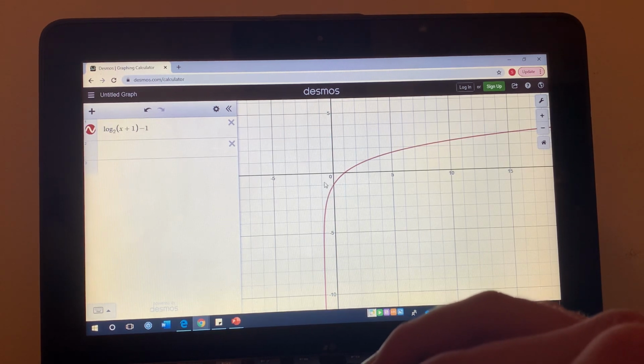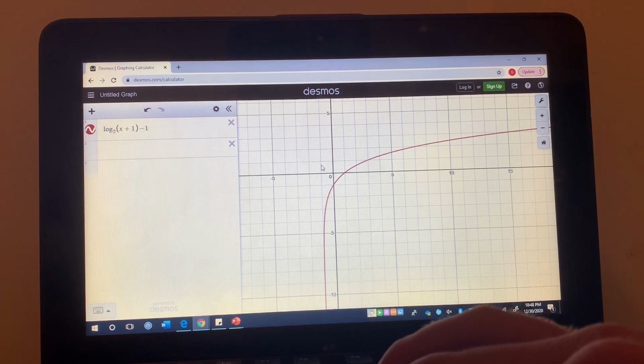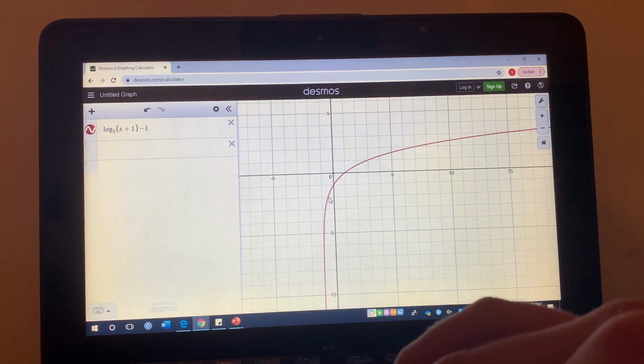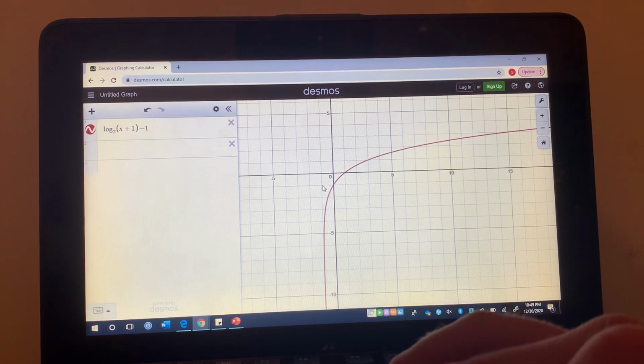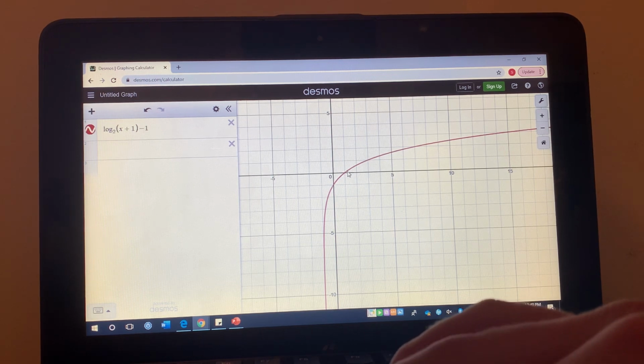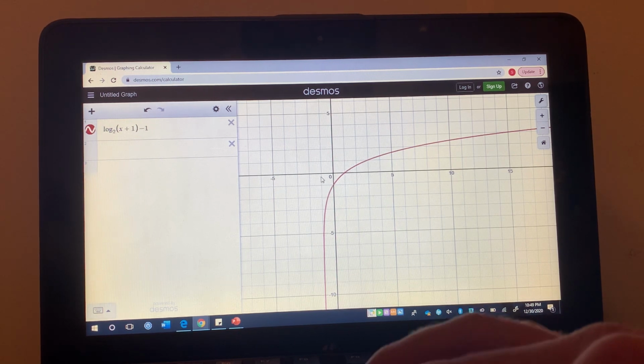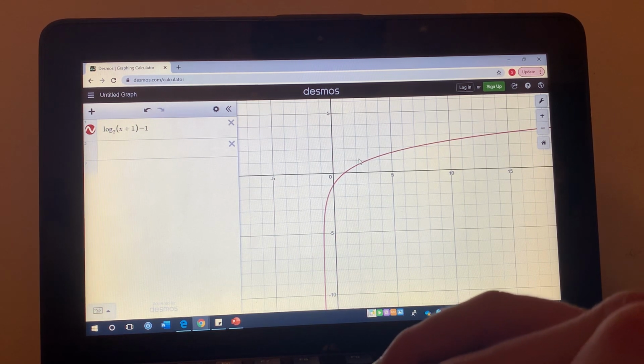We move over, we go a vertex here. We move down 1, so instead of 1, we go over 1 over b. b is 2, so we go over 1/2. If we go up 1, we just go over 2 because b is 2. And just to prove it to you guys, 2 squared is 4. If we go up 2 instead, the vertex goes up 2 and over 1, 2, 3, 4.